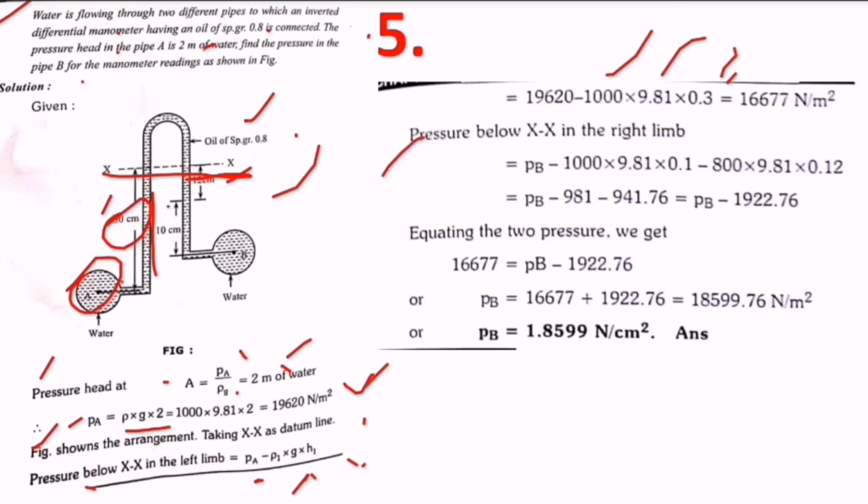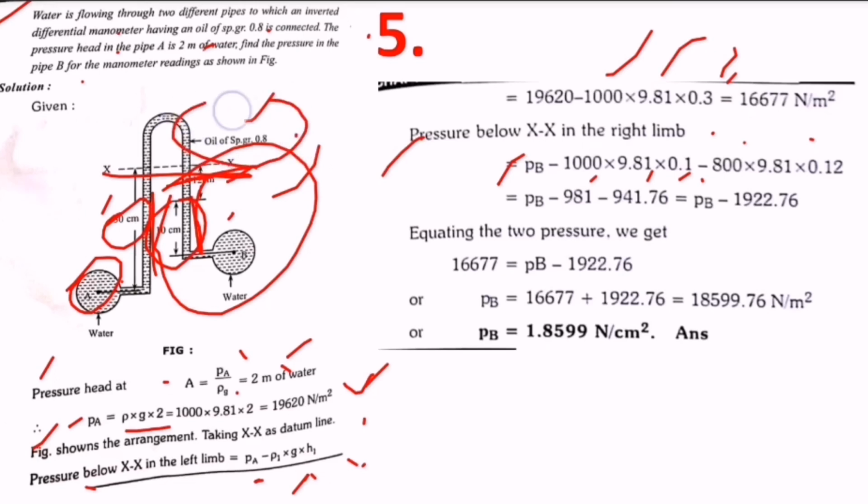Pressure below the XX in the right limb, this side, the right side portion, PB minus rho g h, 1000 into 9.81 into 0.1, this one. Height is 10 centimeters, that's why that is 0.1. Next minus 800 into 9.81 into 0.12. 800 is nothing but this is oil's specific gravity converted into specific gravity into 1000, that is 800 into 9.81 into 0.12.